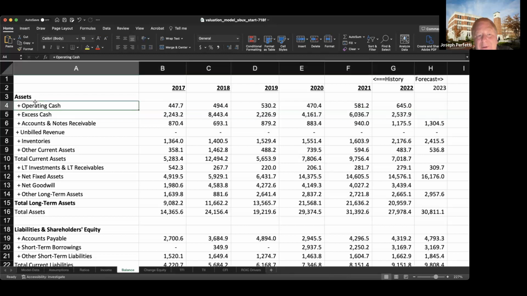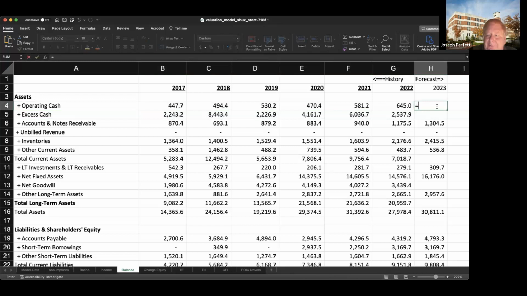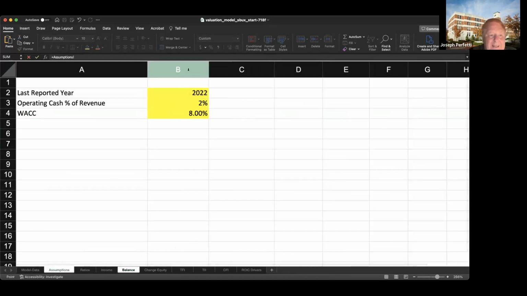Number one, operating cash. We need a forecast for Starbucks operating cash for 2023. Here's where it's going to come from. H4 equals, from the assumptions tab, there's a forecast for B3, operating cash as a percentage of revenue. It's 2%.